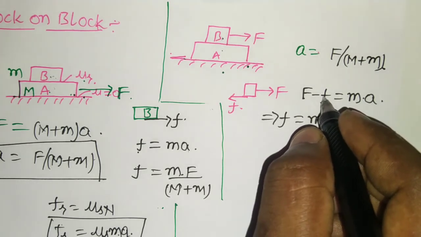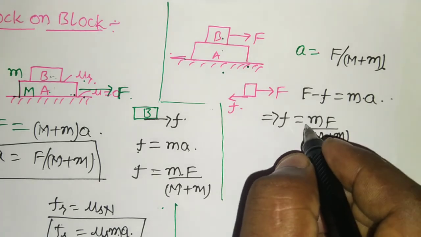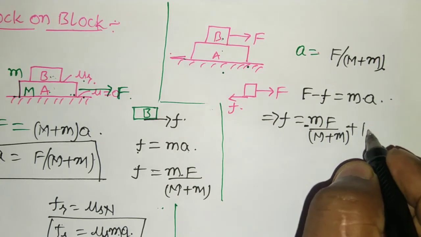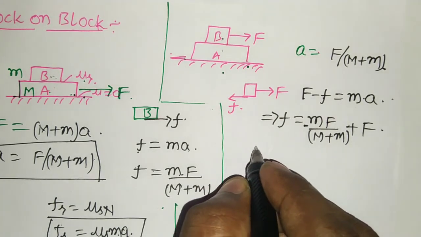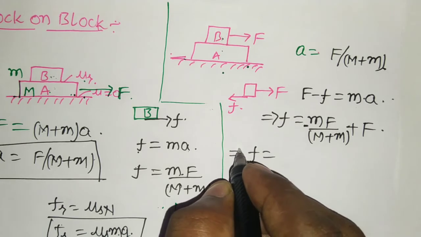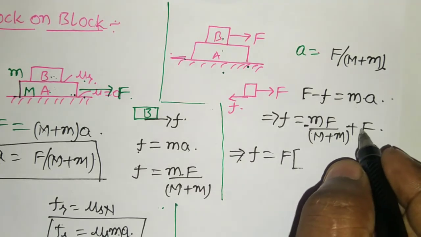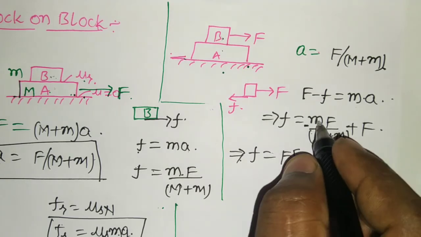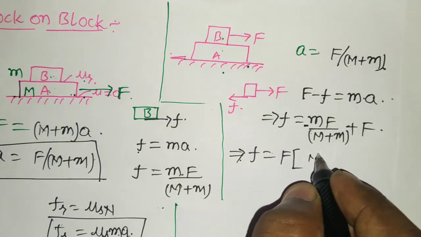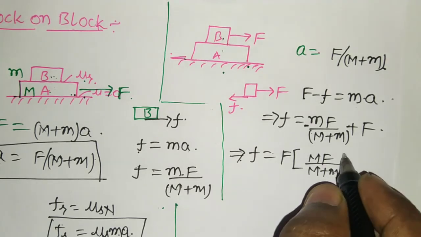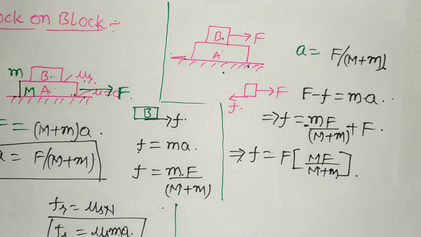So F, I take this to this side, because of which we get minus sign here, plus capital F. In this we can take F common: F minus small m into F divided by capital M plus small m, the small m F terms cancel, giving capital M into F divided by capital M plus small m. So this is the friction force acting between B and A in this case.